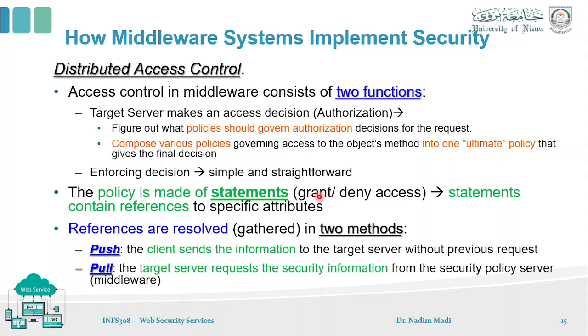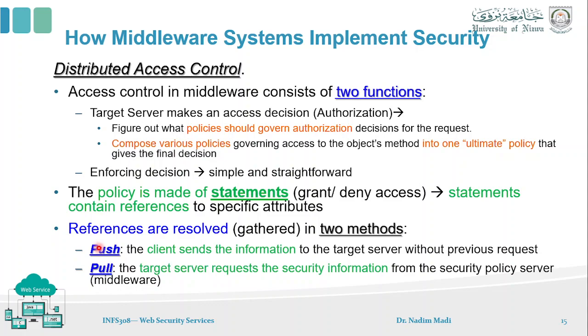These statements contain references. The references should be gathered in two methods. Who is gathering the references? Those are the clients, or the principal. It is gathered in two methods, for example push or pull. Push is where the client that needs the information sends it without the request of the middleware, or that intermediate node.